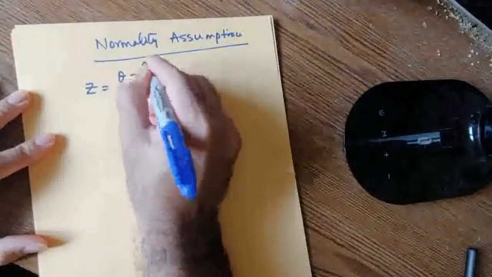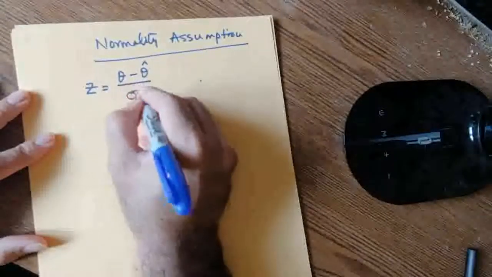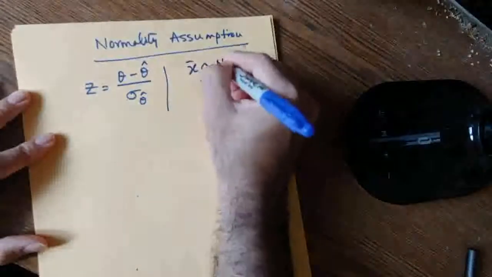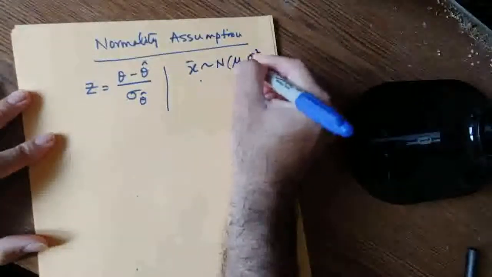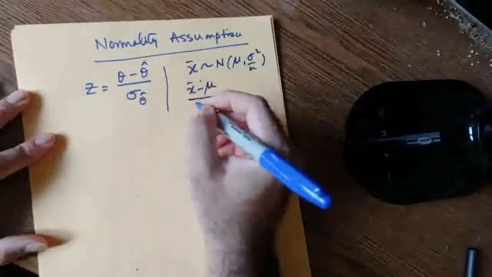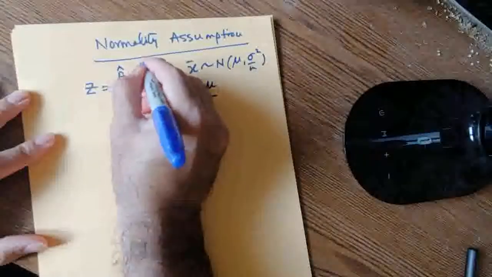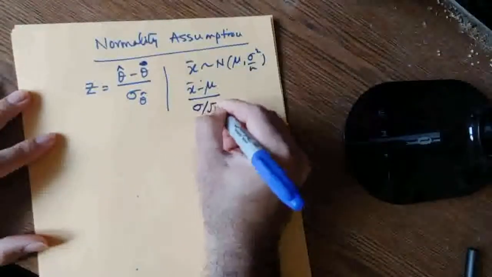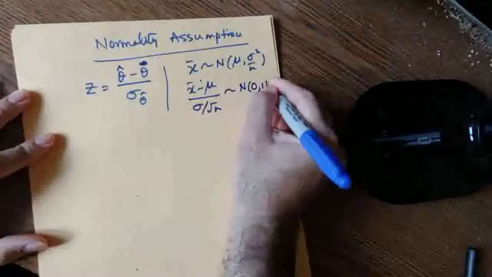When we normalize it, it's the same thing as saying if x bar follows normal mu, sigma squared over n, then x bar minus mu, actually the theta hat will go here, x bar minus mu divided by sigma over square root of n, will follow a normal 0, 1.